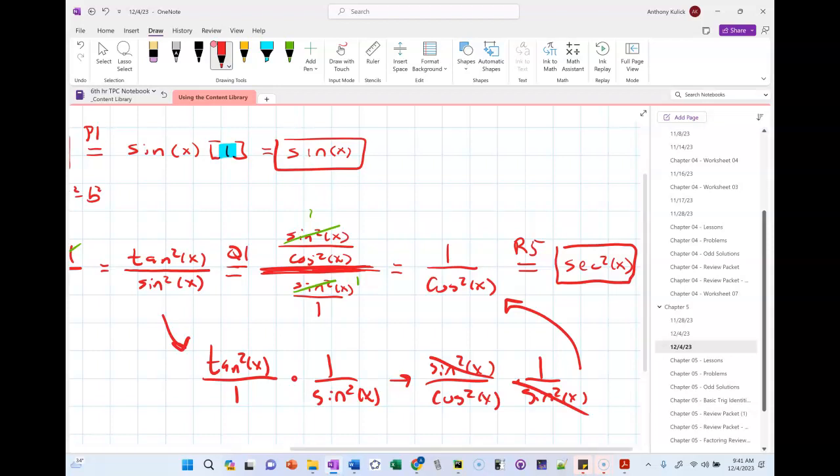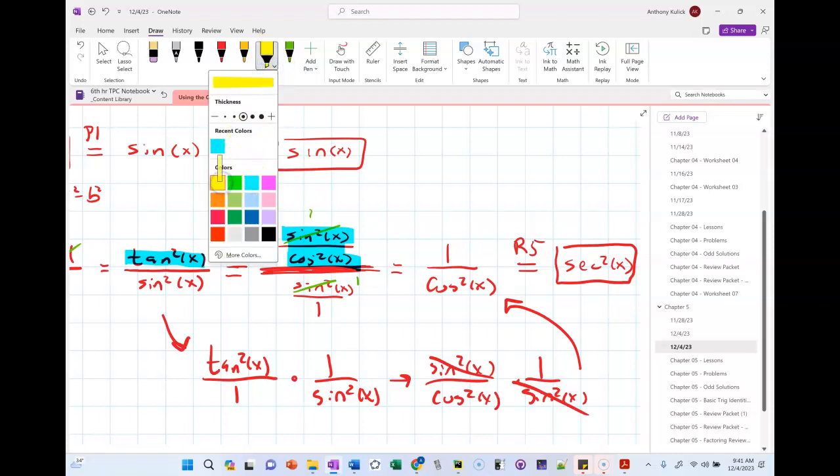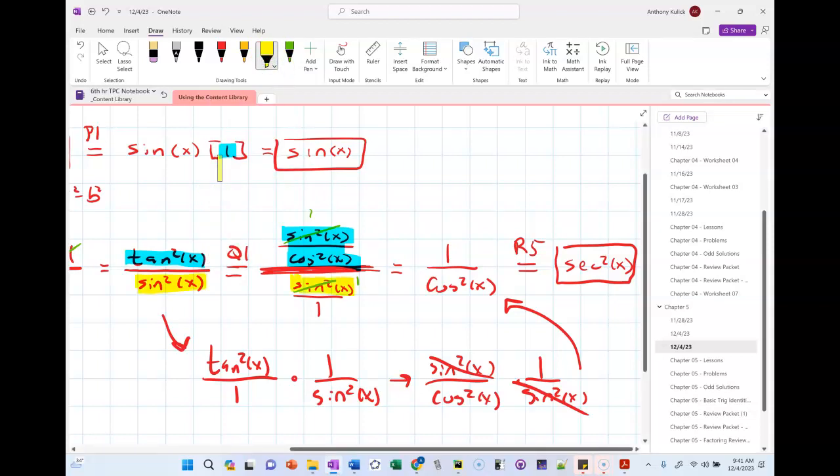Joe. So if we got sine squared x over cosine squared over sine, how do you get all that? So this is Q1. Everything else just kind of copied over, right? So this sine squared is that sine squared.